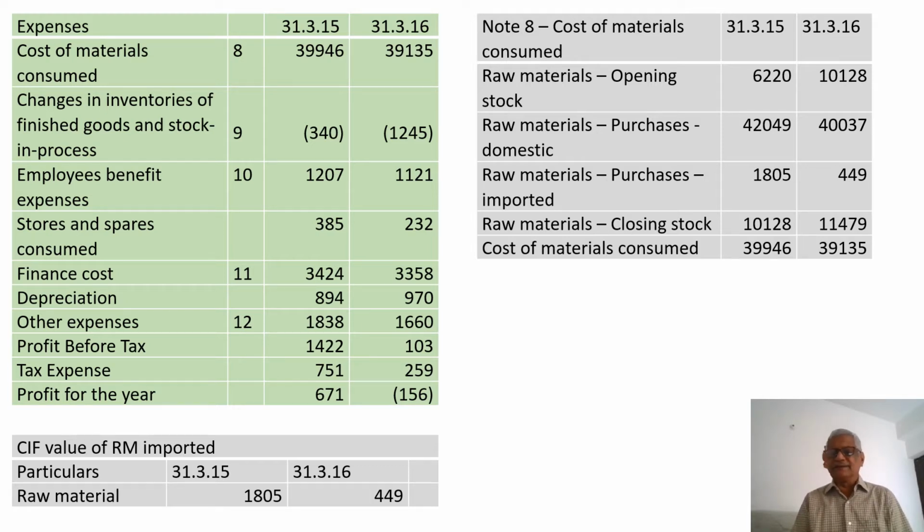Now let us go into the next item, changes in inventories of finished goods and stock in process. Please remember here, we have not taken the raw material because raw material opening and closing stocks are already accounted for in the cost of materials consumed. So let us now go to item number 9.